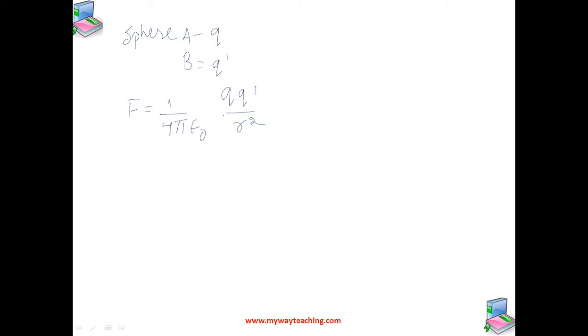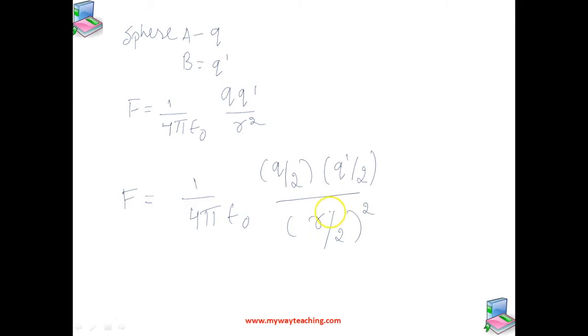Now if the separation between A and B is half, then the magnitude of the electrostatic force on each will become F is equal to 1 by 4 pi epsilon naught, since the charge will be half on each, which is equal to the same thing, 1 by 4 pi epsilon naught Q Q dash by r square. Thus the electrostatic force on A due to B remains unaltered.